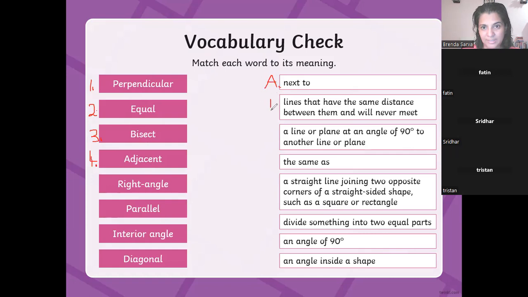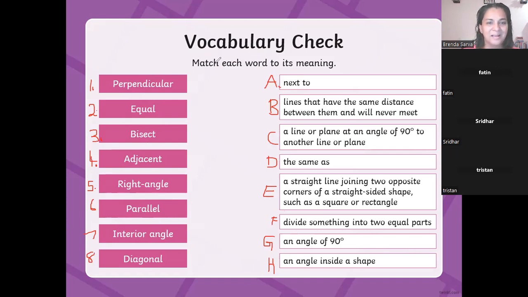So I'm going to put this as A, B, C, D, E, F, and G. Let's give a quick revision of your terms. A, B, C, D, E, F, G, H, so 1 to 8. Let's start with number 1. Put in chat, what is your answer?